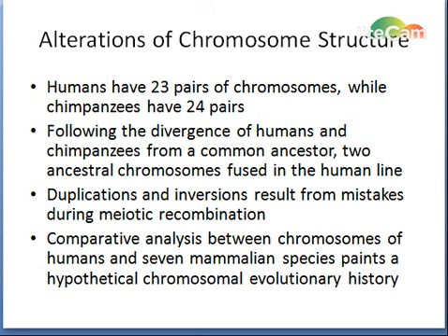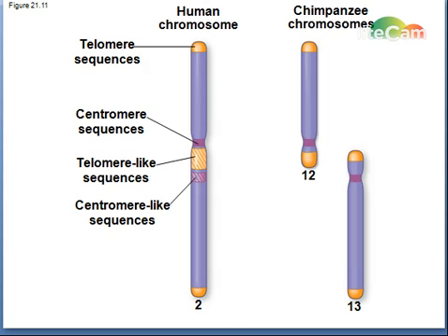What they have discovered is that comparative analysis between chromosomes of humans and 7 other mammalian species paints a hypothetical chromosomal evolutionary history. Looking at that from a graphical perspective, this is what is believed to have occurred between humans and chimpanzees.